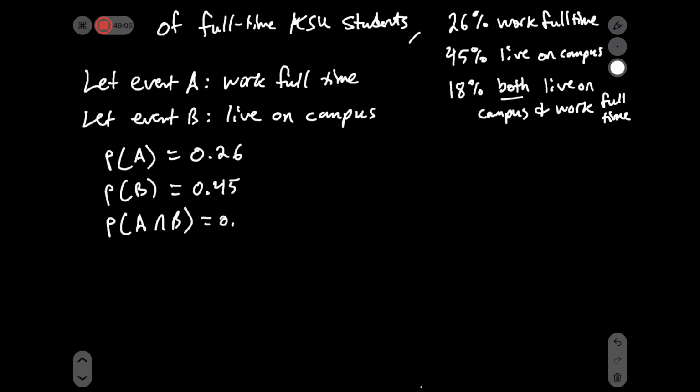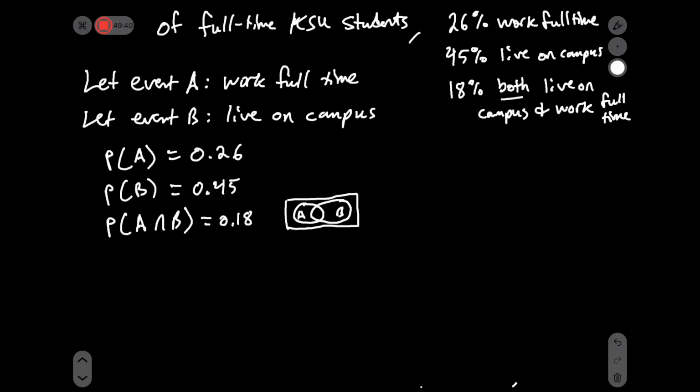Remember that we use this intersection term basically to stand for and, right? And what does it describe? Let's use a Venn diagram here just to represent this. So suppose we've got a group of people in this circle, and this is A, and we've got a group of people in this circle, B. So these are the KSU students that work full-time, and right here in circle B, these are the students that live on campus.